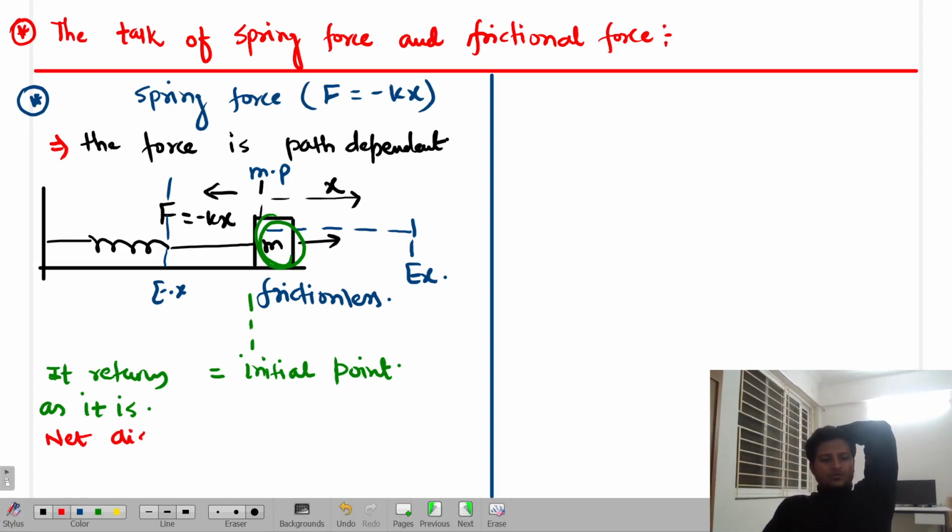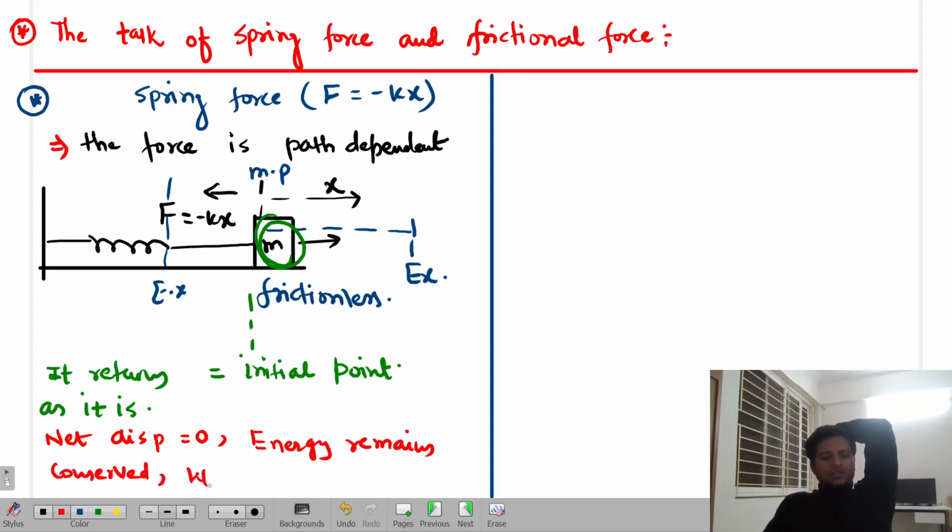Net displacement is how much? Zero. And whichever energy it was carrying initially, it has the same energy after returning back or not. So can we say that energy remains conserved over here? But how will the energy remain conserved if the net work done along the path is zero? Net work done along the path is how much?